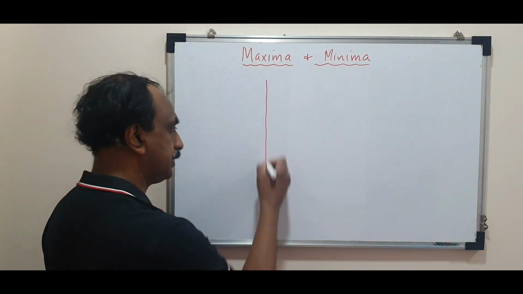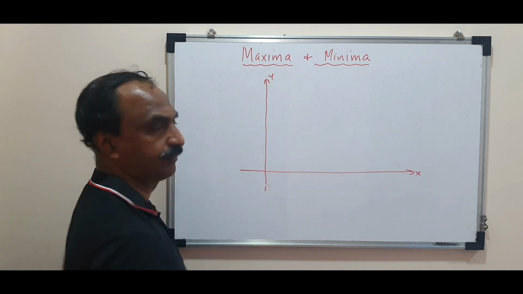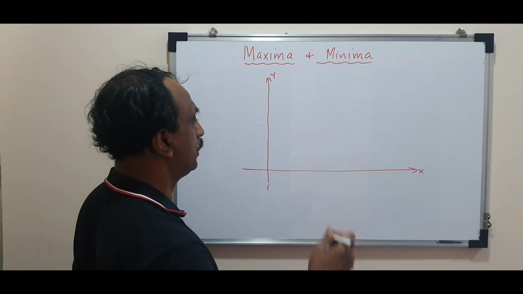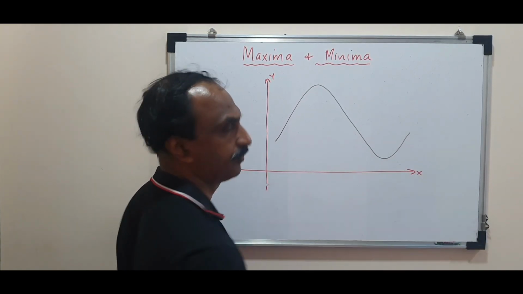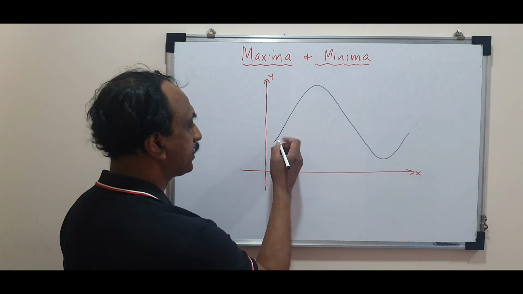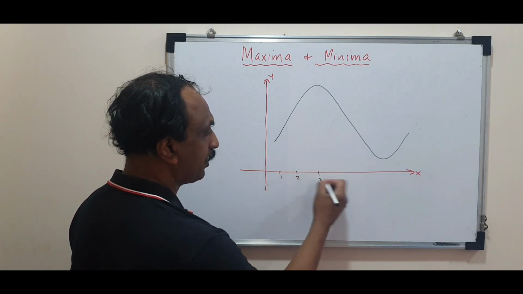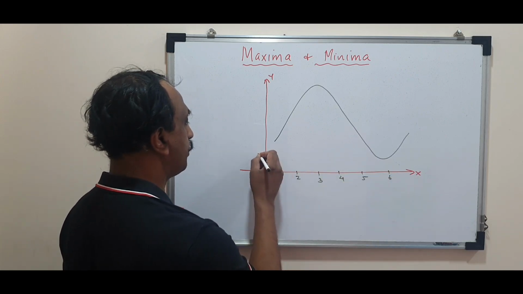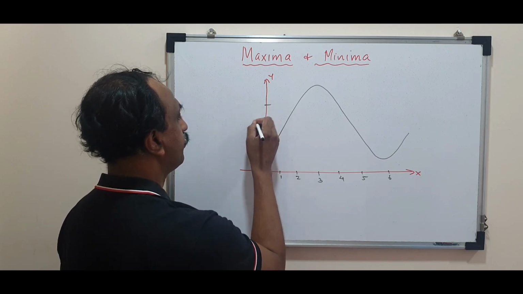So imagine this is the x and y axis, and let's draw a curve. Let's say the curve is like this. You can notice that as the x value changes, the corresponding y value keeps on changing. So I am just putting some range of values here so that we can understand.